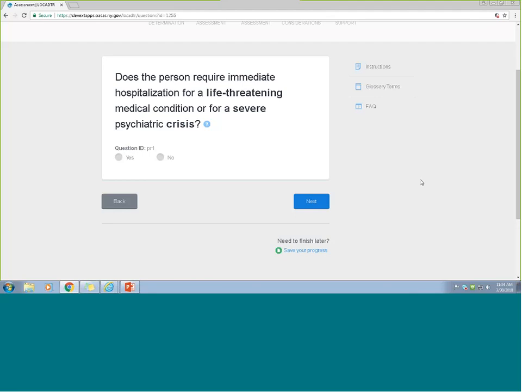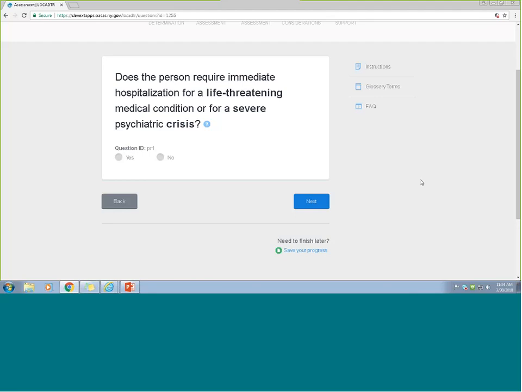I also wanted to emphasize, and Pat has already indicated this, you always have OASAS as a resource if you have questions or issues with how the tool is working, or you're not sure how to respond to a question, or perhaps you have a particular case with an individual and you're not sure how you should be addressing it within Locator.